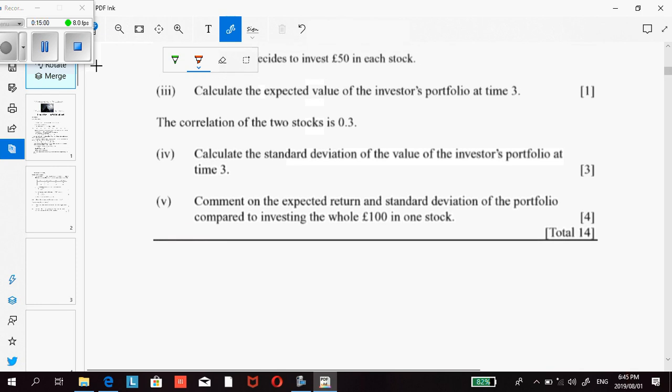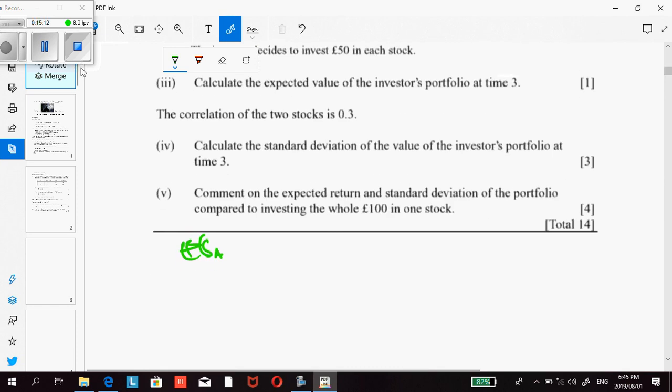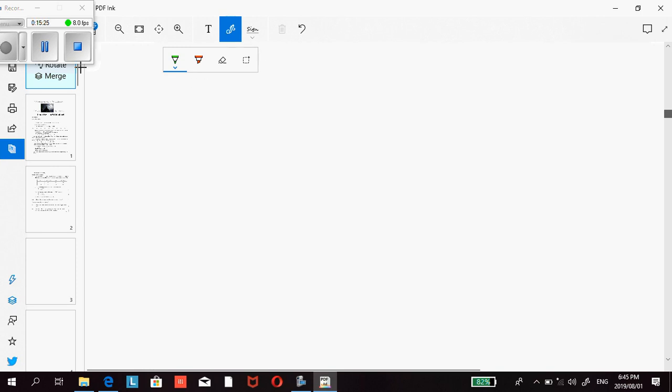You know that the expected value of S_A at time 3, they said at time 3, is equal to, now I'm going to use the general case here, so please don't get confused. I'm going to start off with the general case.